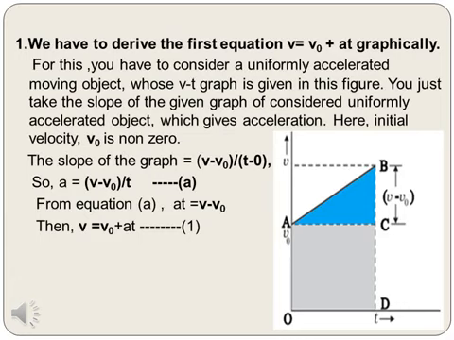Here, the slope of the graph is equal to v minus v0 divided by t minus 0, where y2 is v, y1 is v0, x2 is t, and x1 is 0. So, acceleration a is equal to the slope of the graph, which is v minus v0 divided by t, which is equation A. From equation A, at is equal to v minus v0, then it can be written as v is equal to v0 plus at, which is equation number 1.